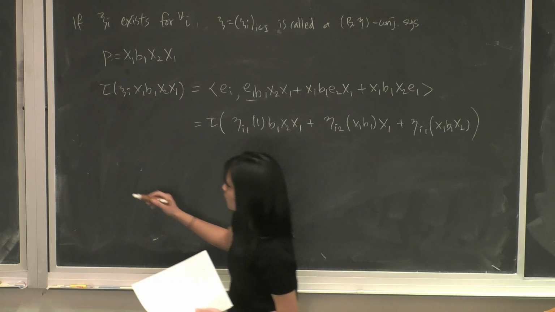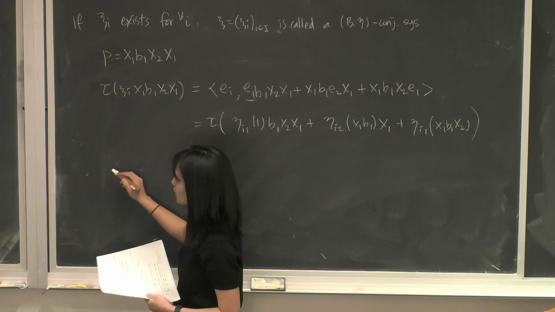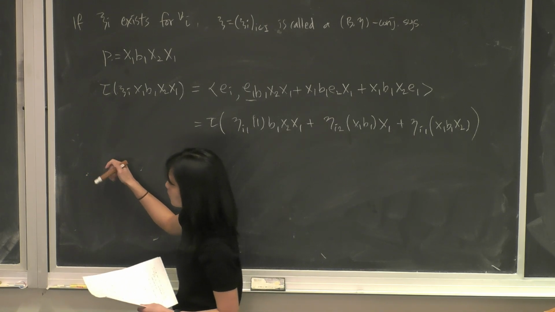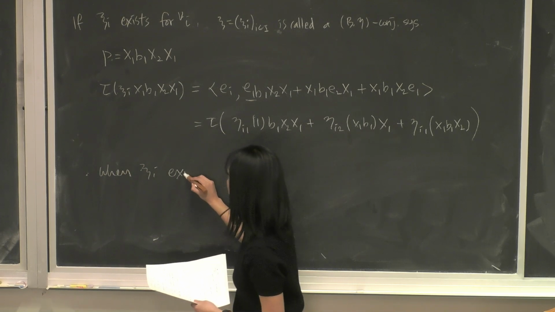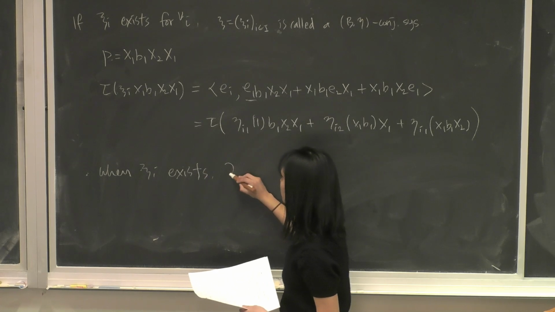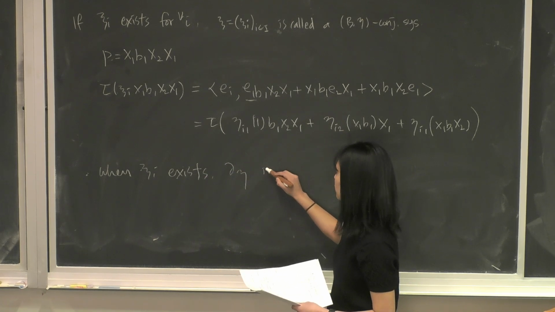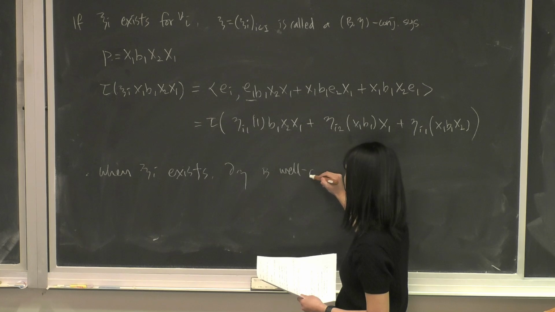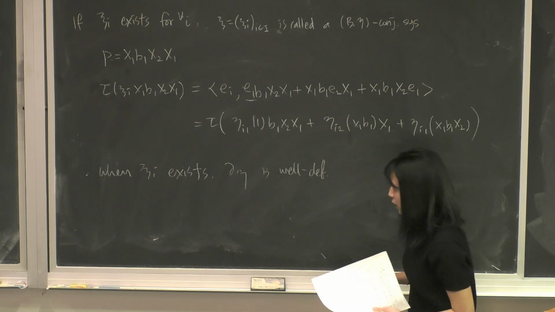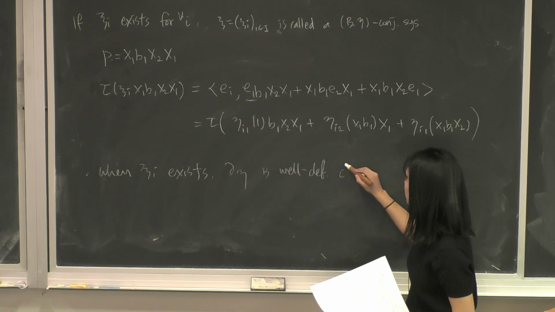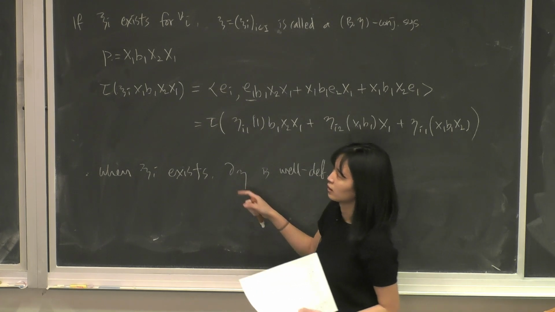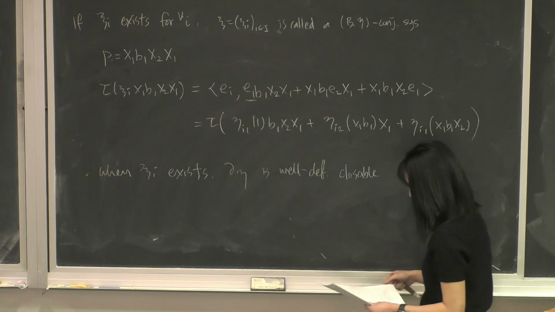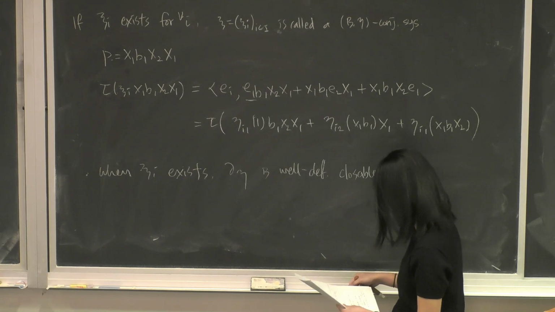And one remark here is when this exists, this partial eta is well defined and closable, if you think of this as an unbounded operator on L2 of (M, tau).